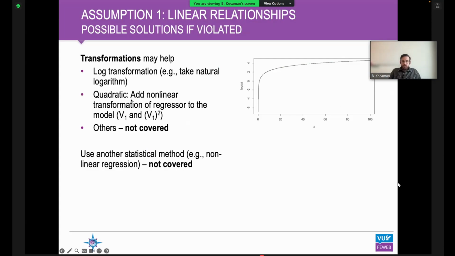The quadratic means that you add a nonlinear transformation of the regressor, meaning the independent variable, to the model, so you regress y, the dependent variable, on x and x squared. There are other kinds of transformations which we will not cover, and alternatively you can use, for instance, a nonlinear regression. This is just for your information that it exists, but we will not go there in this course.